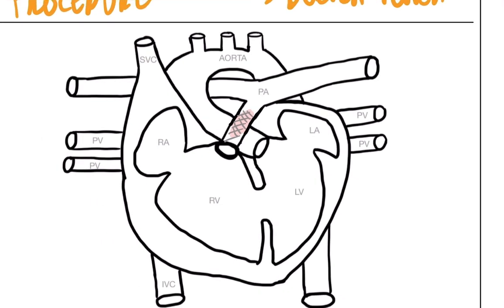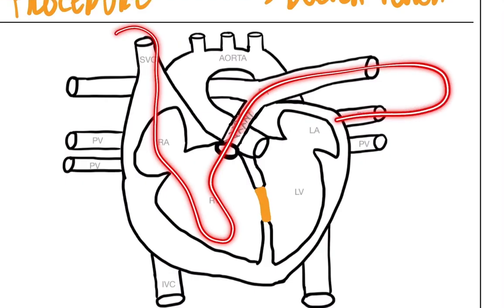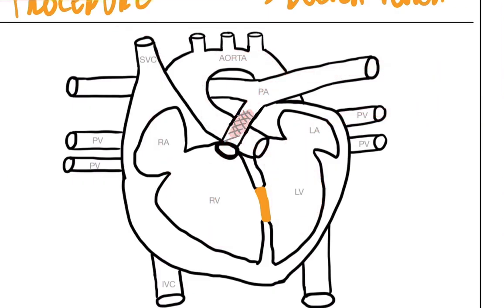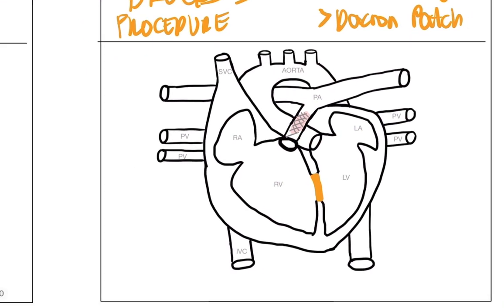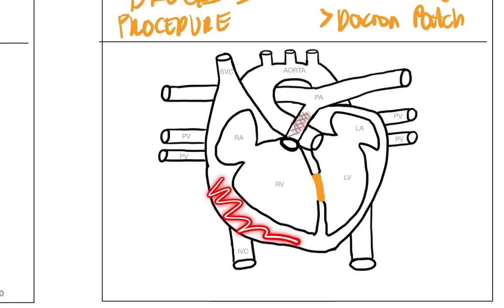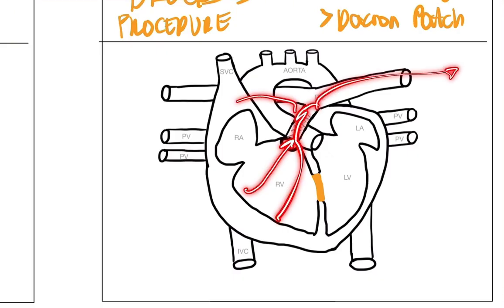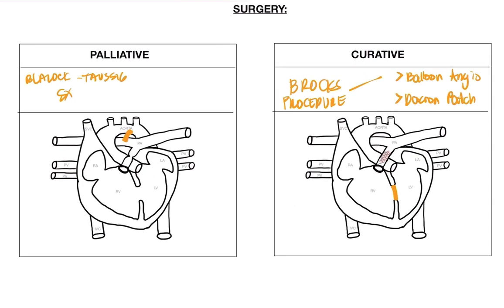And we can also give a Dacron patch to solve this ventricular septal defect. So that normalizes the circulation already. The right ventricle will no longer be hypertrophied or enlarged if it does not have a lot of resistance to go through. And the aorta will no longer override if there is no ventricular septal defect.